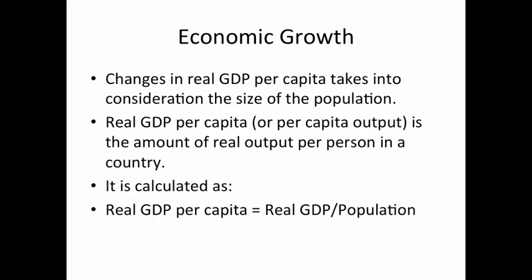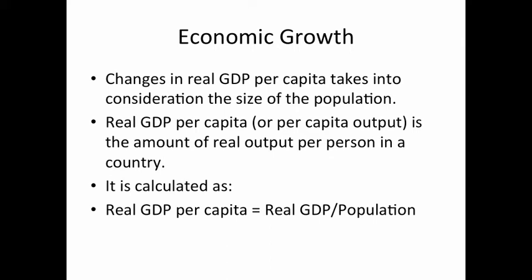The second definition looks at real GDP per capita. Anytime you look at a variable in per capita terms, it's taking into consideration the population. So real GDP per capita, or sometimes just called per capita output, is the amount of real GDP per person in the United States.